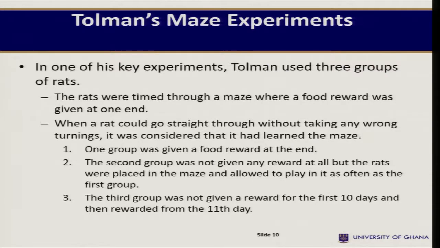The second group was not given any reward at all, but the rats were placed in the maze and allowed to play in it as often as the first group. The third group was not given a reward for the first 10 days, and then was rewarded from the 11th day. And this brings about several kinds of results.